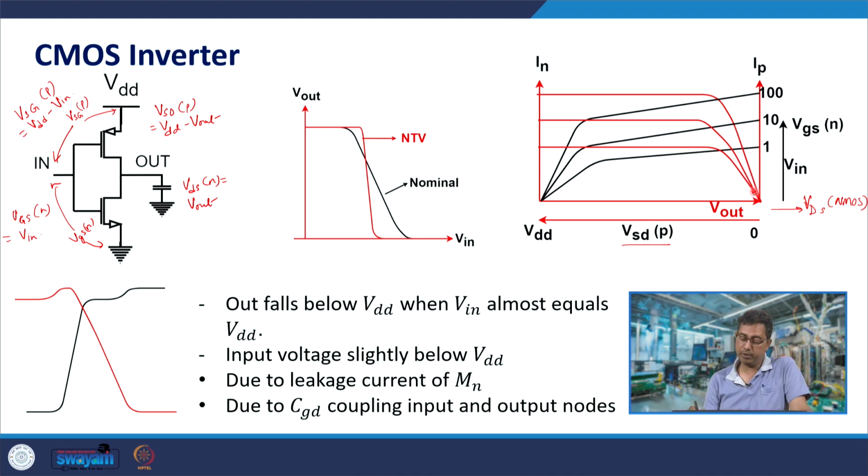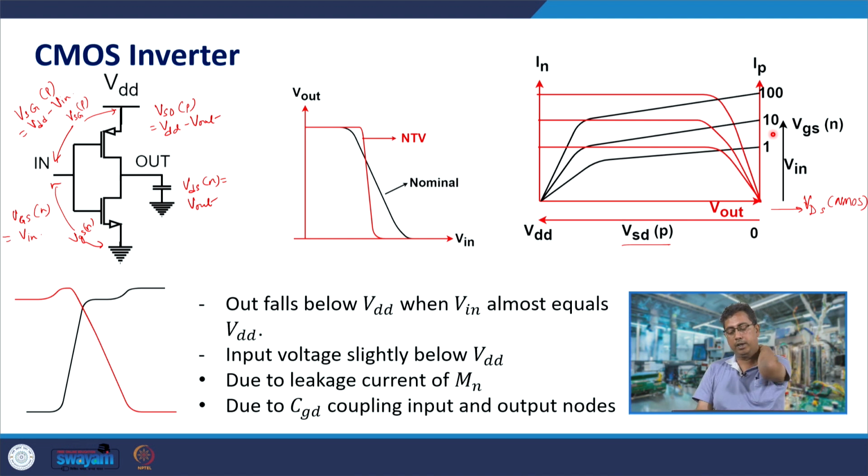What we observe is that for a little change in V in, there is a huge change in the current. There is a large change in the current of the N MOSFET and a large change in the current of the P MOSFET as well. The N MOSFET current increases and the P MOSFET current reduces by a very large value.